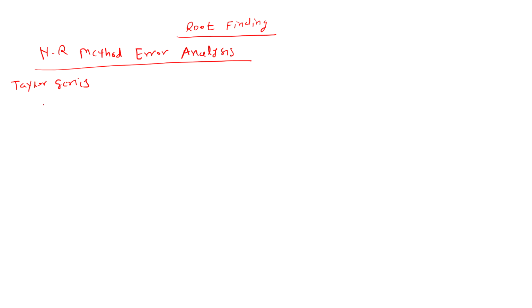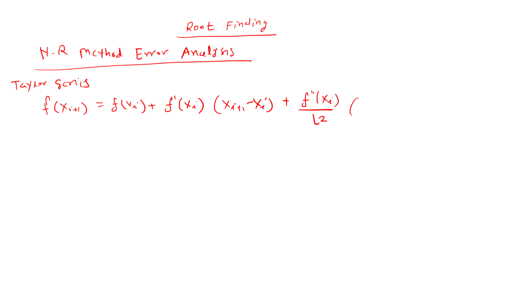My Taylor series is that f at x_{i+1} is f at x_i plus f prime x_i times (x_{i+1} minus x_i), plus f double prime x_i upon factorial 2 times (x_{i+1} minus x_i) to the power 2, and we have higher order terms.